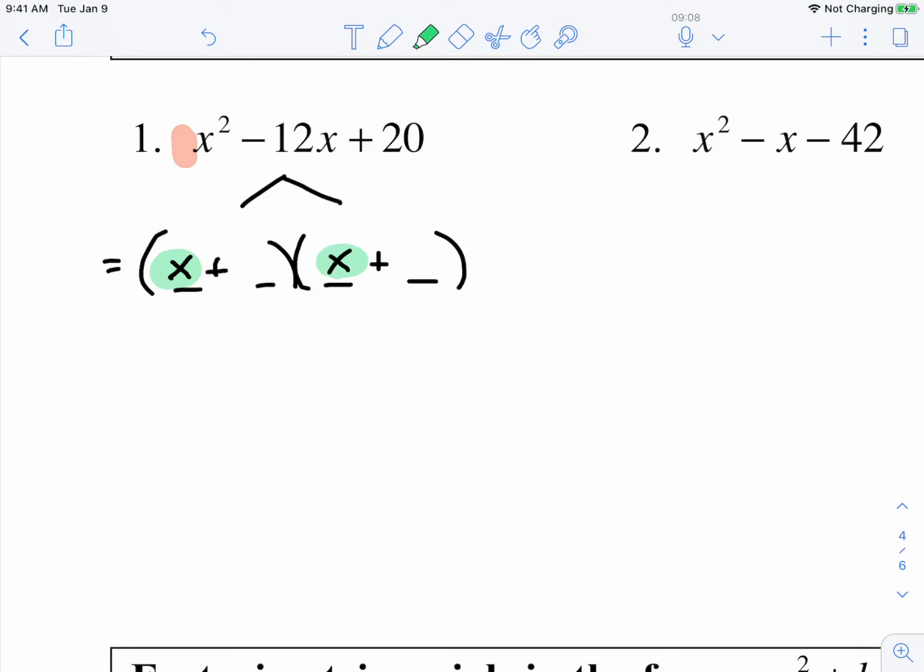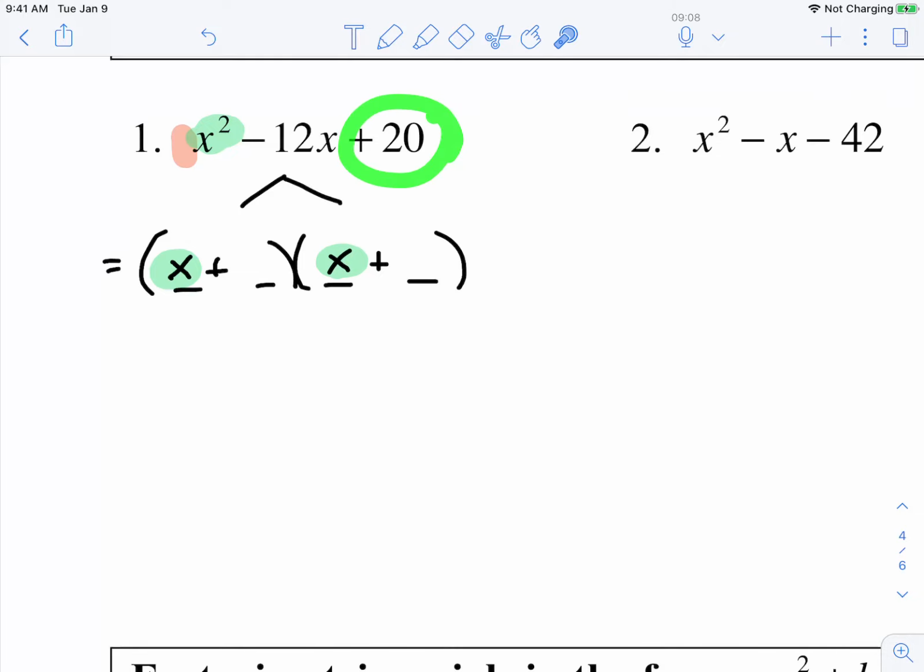So x times x gives you x squared. Now if I continue distributing, x times this one here and x times this one here would sum up to our middle term. I'll get to that in just a second.